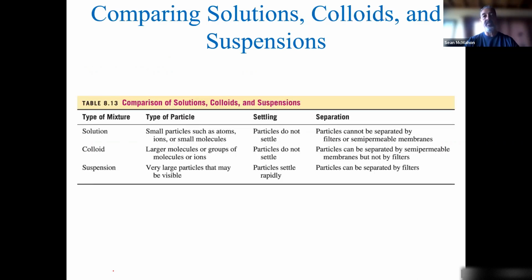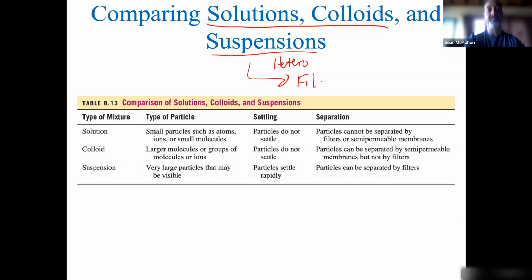So the big takeaway when we're comparing solutions and colloids and suspensions, just remember solutions and colloids are homogeneous. The suspensions are heterogeneous. These are easy to separate. We can just filter.